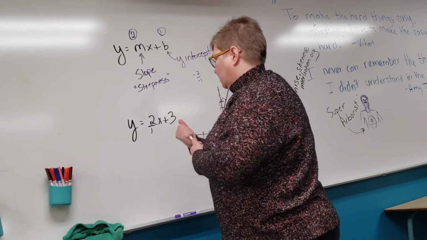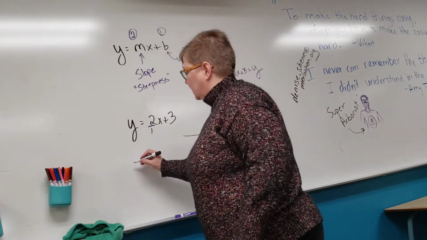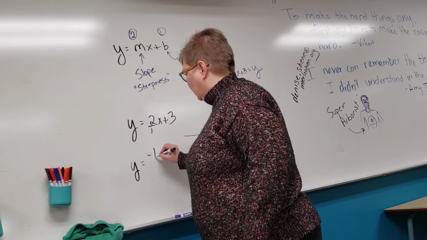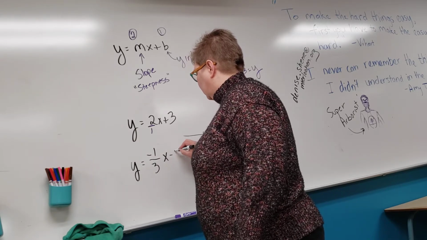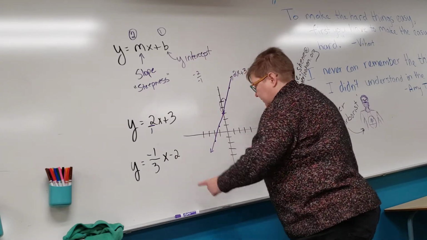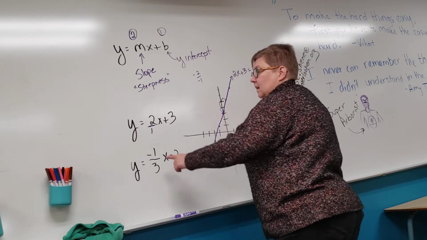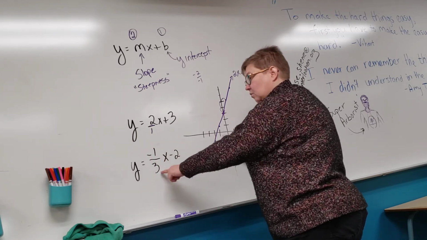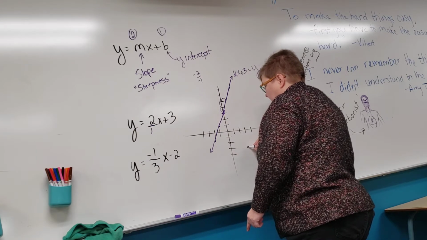Then I'll do another one just so that you have some negatives in there. Let's say I have an equation that's y equals negative 1/3 x minus 2. Again, I'm going to start at the y-intercept of negative 2, down here on the y-axis. According to this, I'm going to drop 1 and run to the right 3.